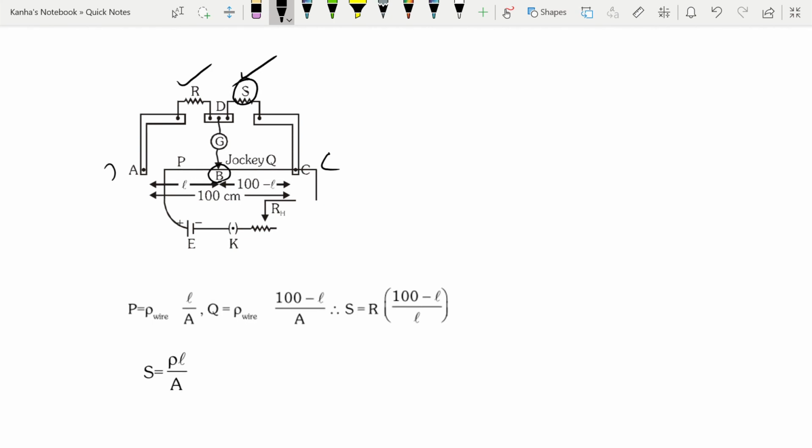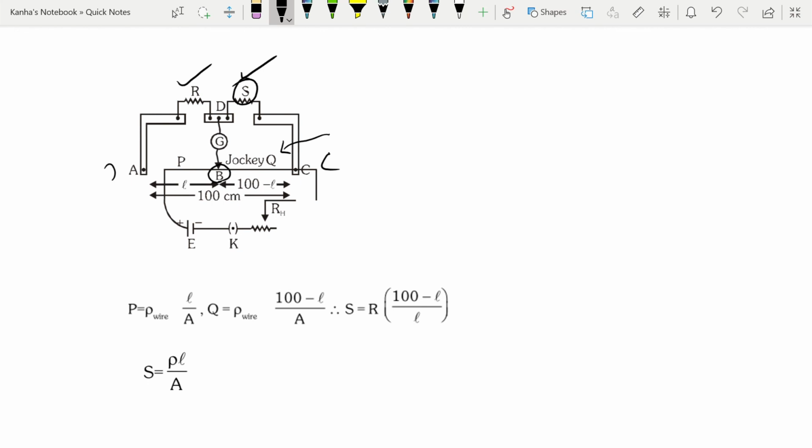Okay, so the procedure is very simple. First of all, you plug the key and you start sliding this jockey B on the wire to the point B where the galvanometer stops showing any reading. Okay, when it stops having any deflection, that means that the bridge has been balanced.